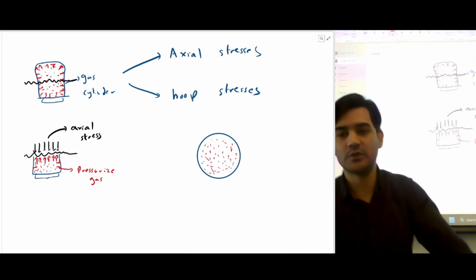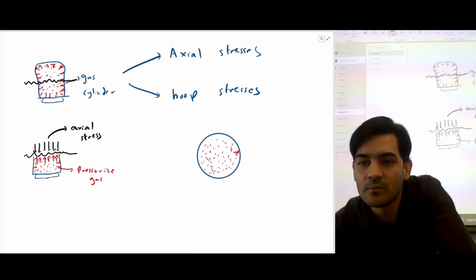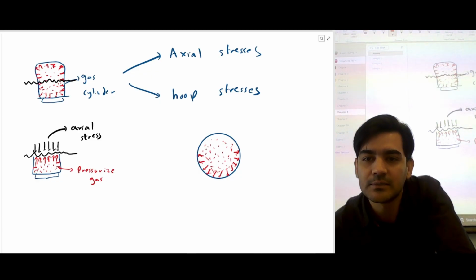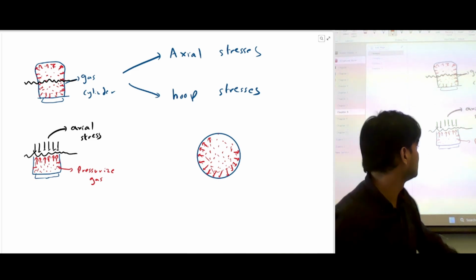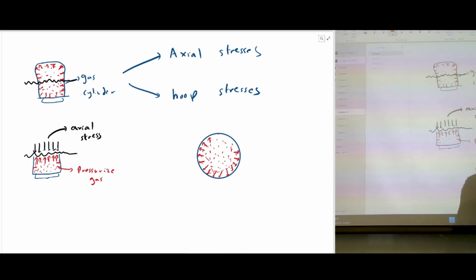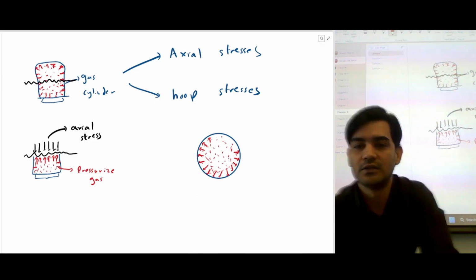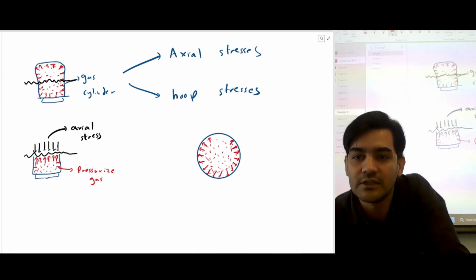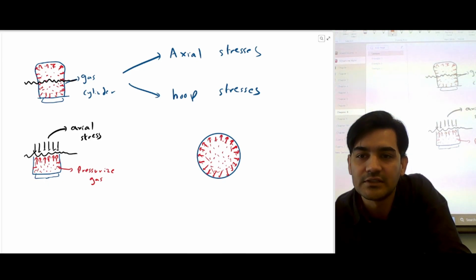So if you look from the top, this gas will also apply an external load in this direction as well. Because this is a pressurized gas, it's gonna apply external loads everywhere. So this is one direction, and if you look from the top, this is another direction where the loads are being applied because of the pressurized gas inside.